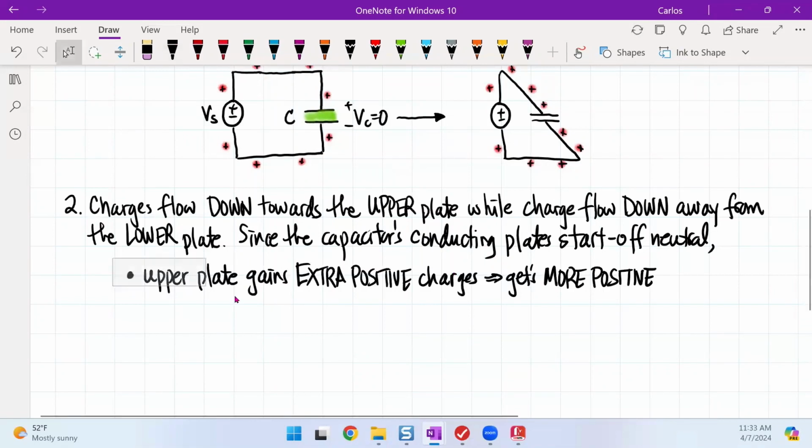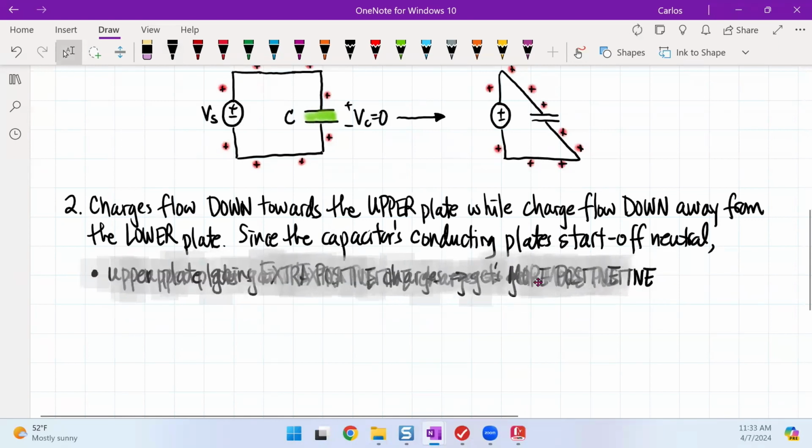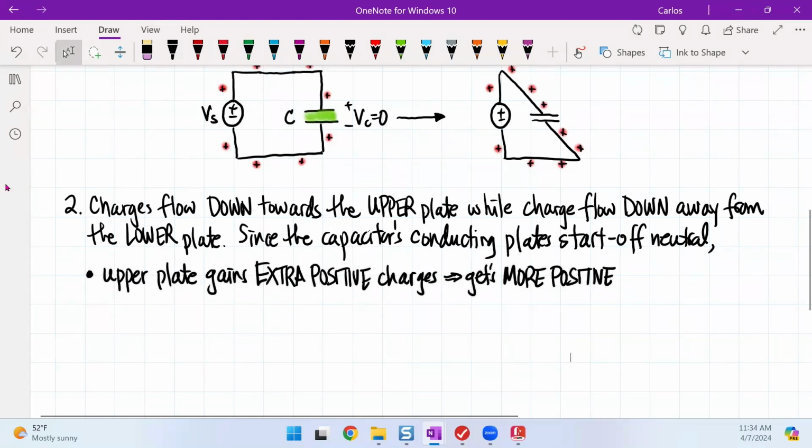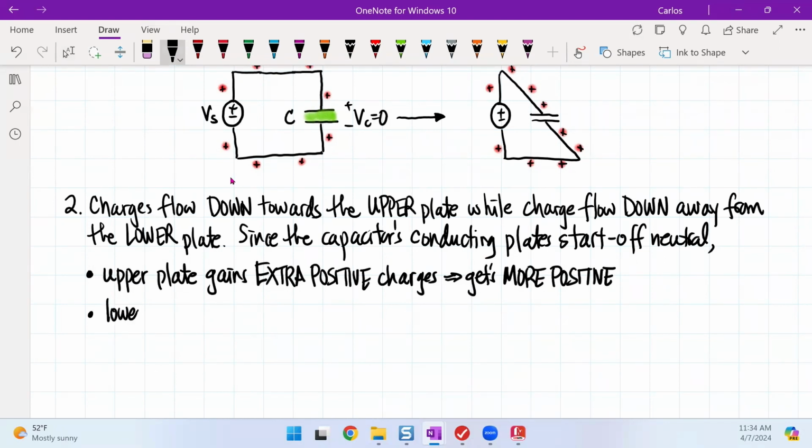Let me move this over a bit. On the other hand, when I'm looking at the lower plate, we could say here that the lower plate loses, let me be careful, loses charges, and as it loses charges, it gets more negative.